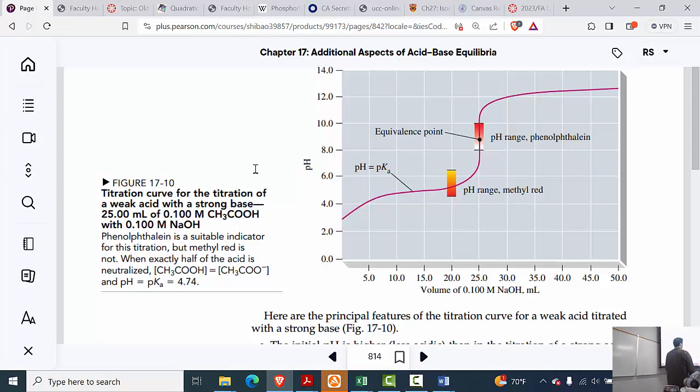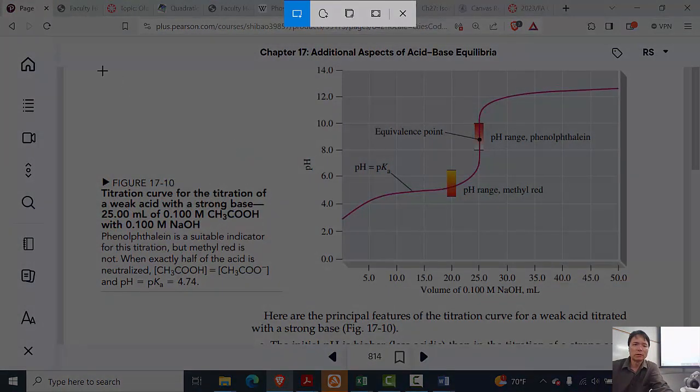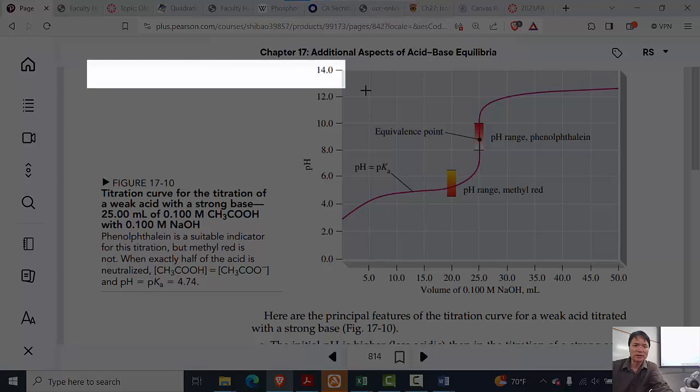So basically, we can make a buffer ranging anywhere from pH 3.74 to 5.74 using this buffer system.